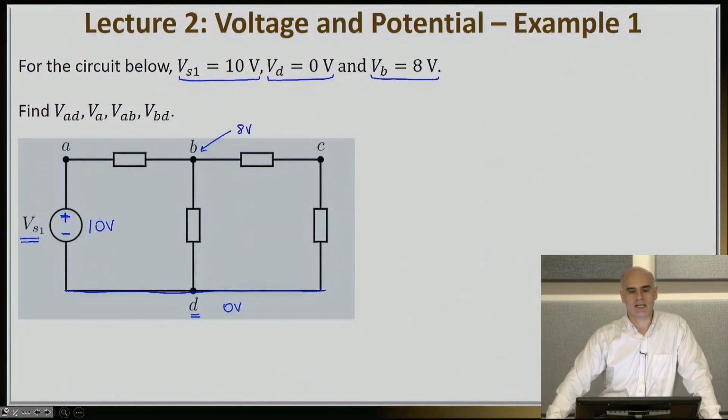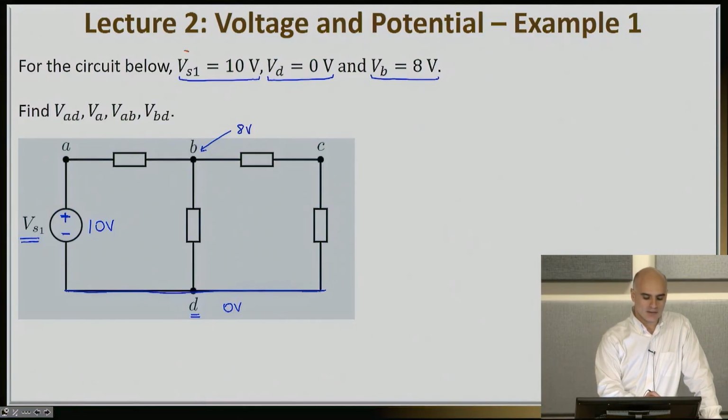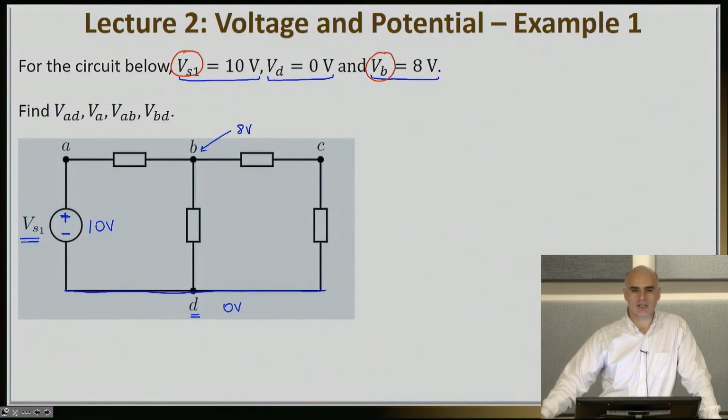Now, the first thing I would like to notify you about is the fact that even though we're using the same symbol V to indicate a potential difference, and also to indicate an absolute potential, it is truly important that you understand what the symbols mean.